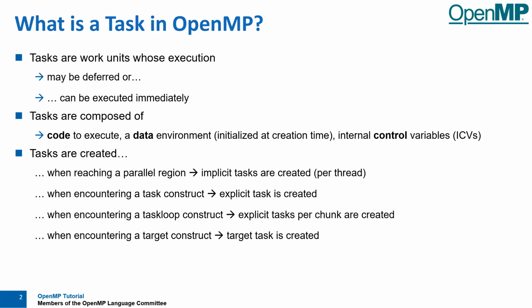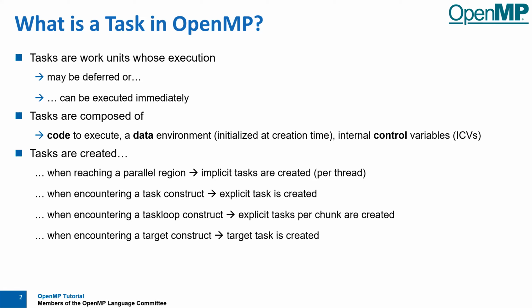Then there is the taskloop construct, where you can take a parallel loop, and similar to what Christian was showing with work sharing, where the loop was cut into loop chunks and one chunk was assigned to a particular thread, you can use the taskloop construct to create loop chunks, assign each of those chunks to one OpenMP task, and have the tasking model execute that loop in task fashion.